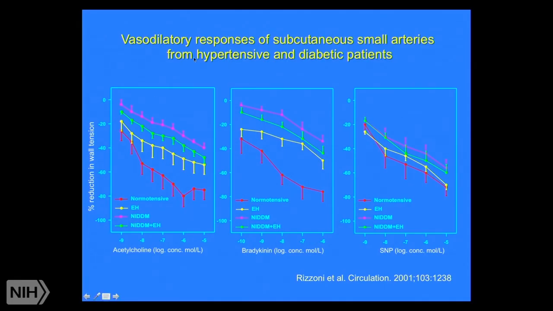Hypertensive individuals have impaired relaxation; essential hypertensive diabetic subjects and diabetic individuals who are normotensive both have similar degrees of impairment of endothelial function.